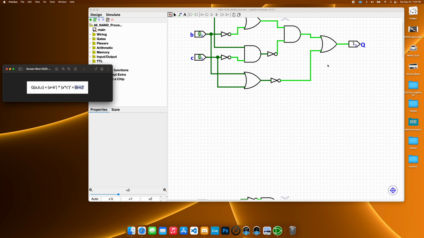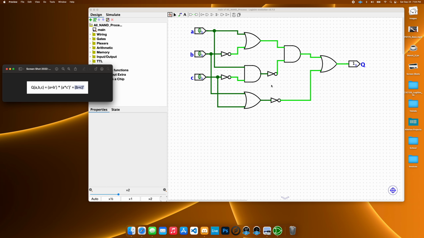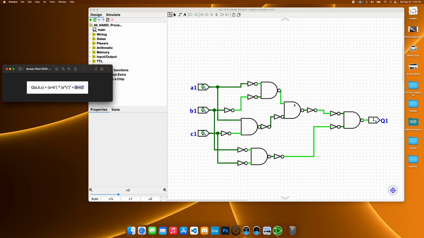We have the OR gate here, and this is the NAND OR, where we have two NOT gates before a NAND gate, and that is perfectly representative of the OR gate. For the AND gates, for example like this one, we would have a NAND gate and then have it complemented afterwards, and that is 100% equivalent as well.